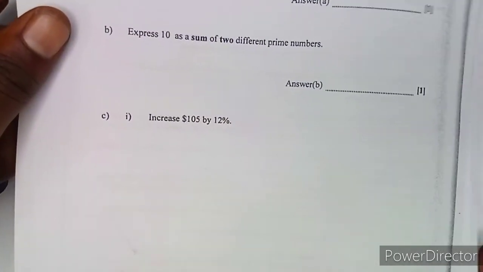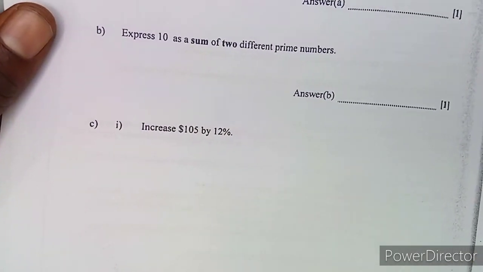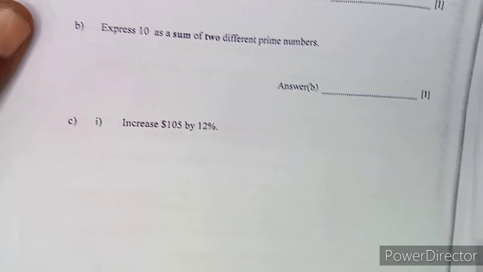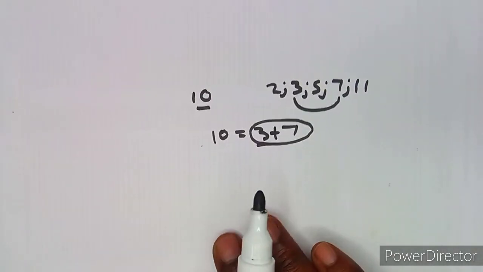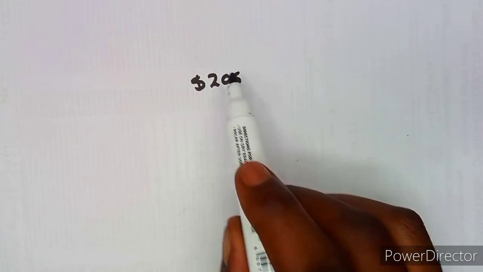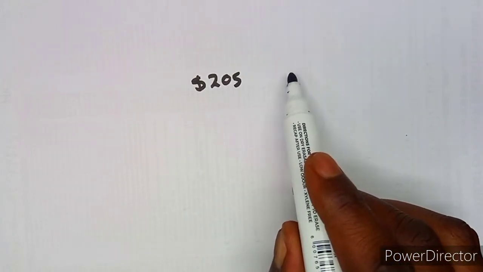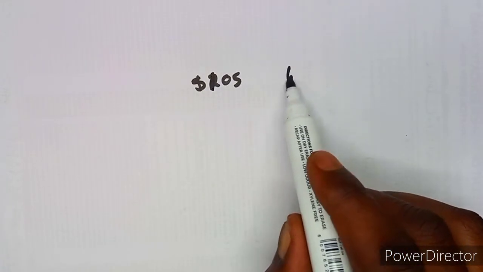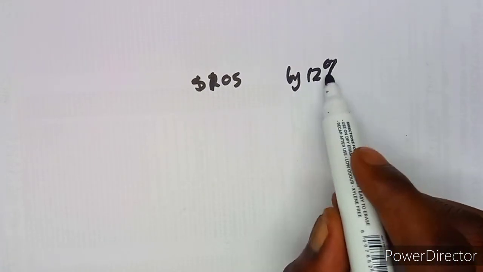Okay, then increase $105 by 12%. This is 105, which is to be increased by 12%.